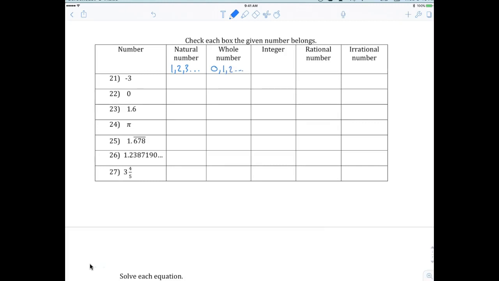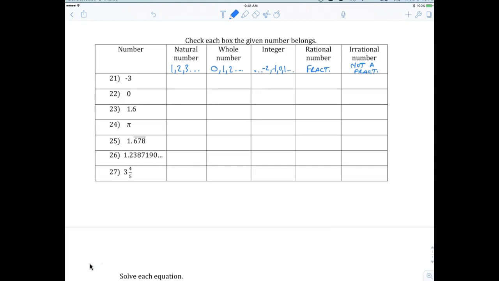Integers are negatives and positives, so -2, -1, 0, 1, and so on. Rational numbers are just any number that can be written as a fraction. And irrational numbers are not a fraction.